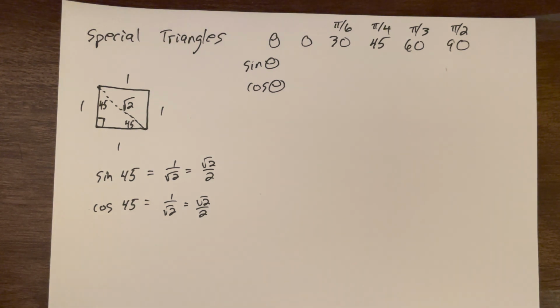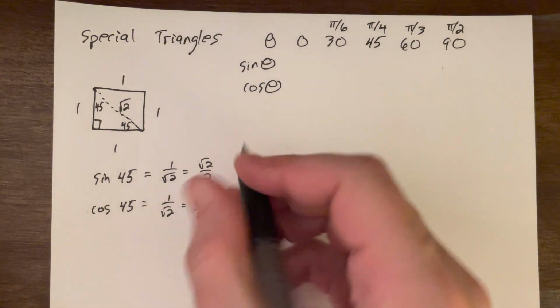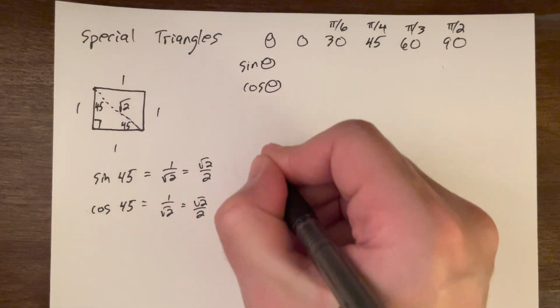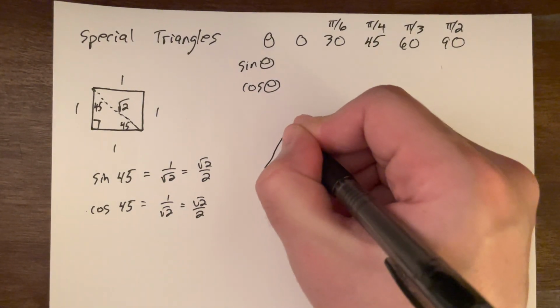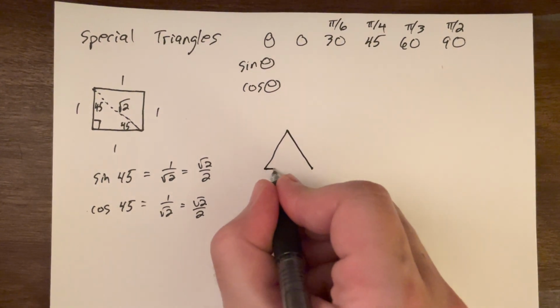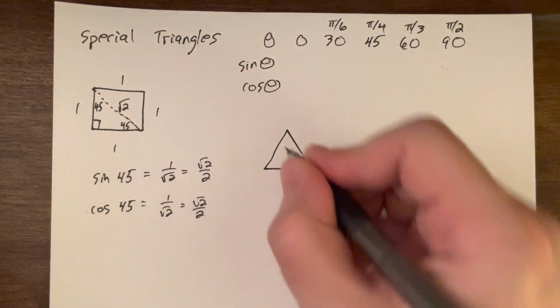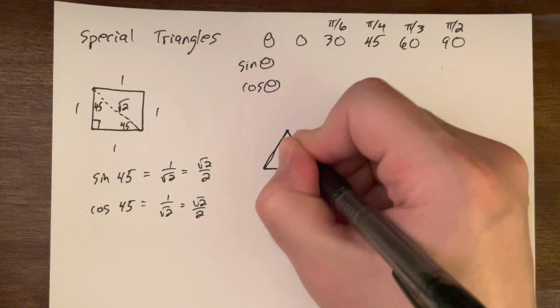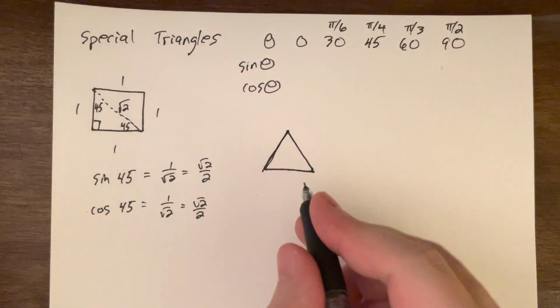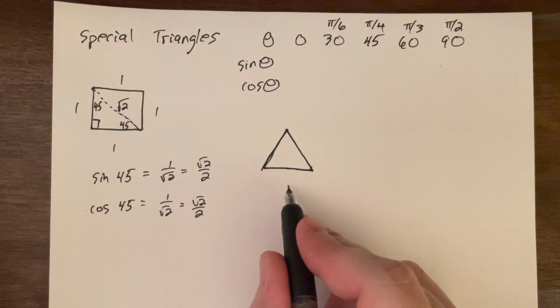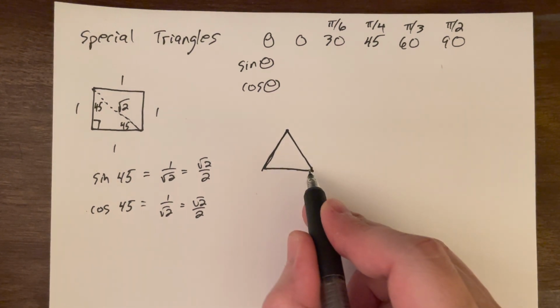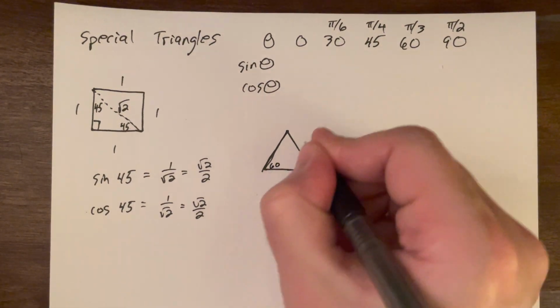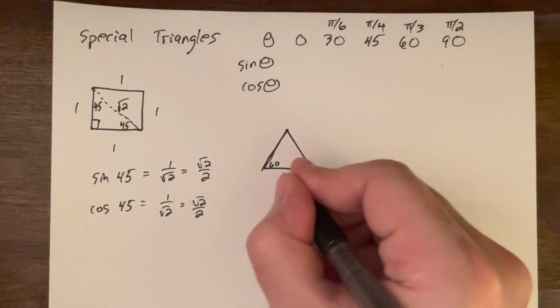Okay, so moving on. Now let's set up this as my follow-up picture. And this is supposed to be an equilateral triangle. So equilateral, all sides are the same length, all angles are the same. So if all angles are the same, these would all be 60-degree angles.